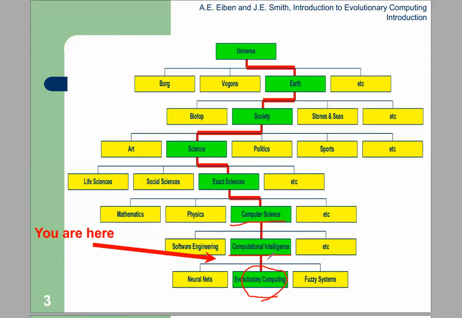Evolutionary computing is a part of computer science, and students of computer science can continue their education in this branch.